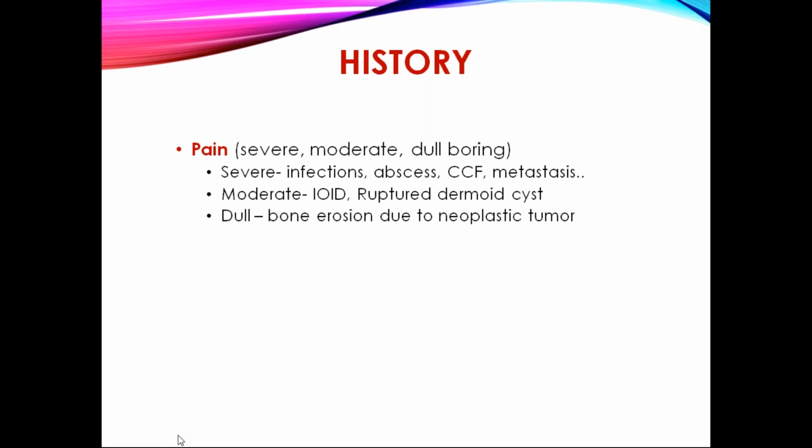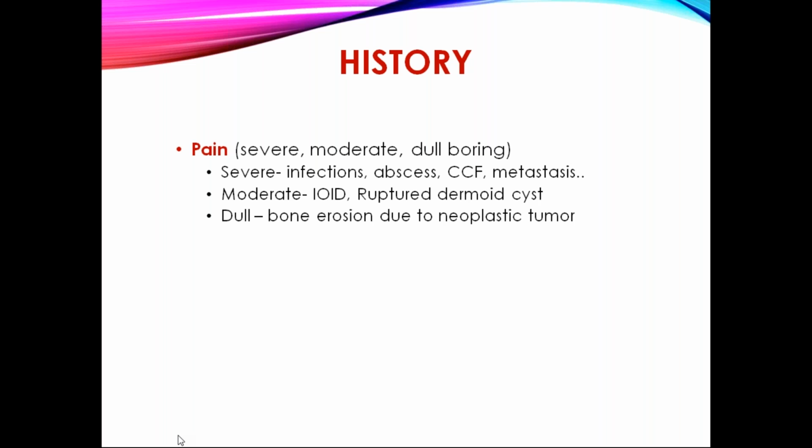And if there is an abscess behind the eye, if there is a carotico-cavernous fistula, or if there is a metastasis, all these conditions give rise to severe proptosis. If there is a moderate amount of pain, it can be idiopathic orbital inflammatory disease, that is nothing but inflammation of the extraocular muscles.